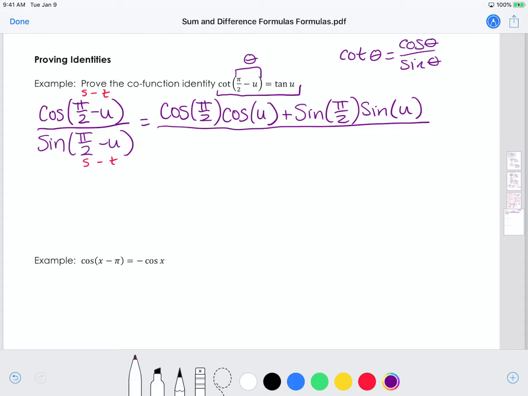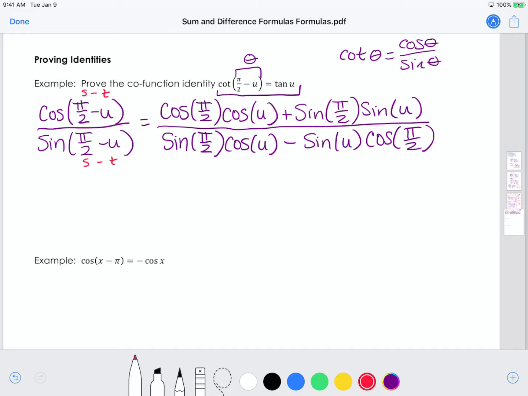Now I'm going to use the sine formula for s minus t. So sine of pi over 2 times cosine of u minus sine of u times cosine of pi over 2. Now we're going to try to simplify this and show you that this is equal to tangent u.